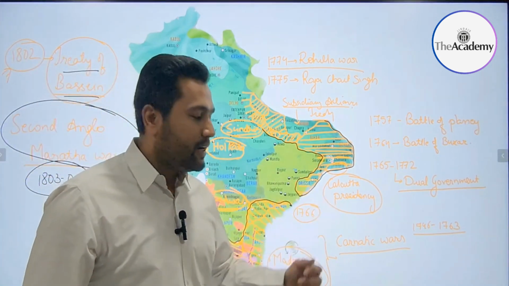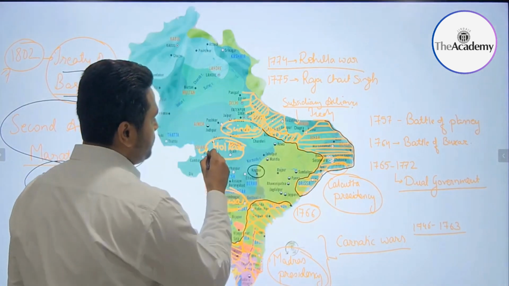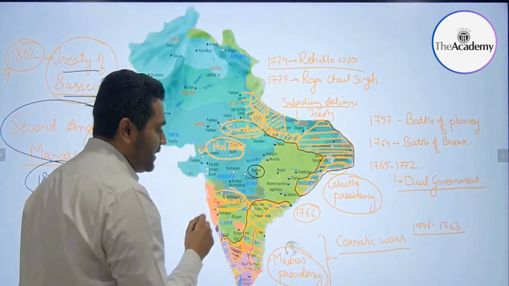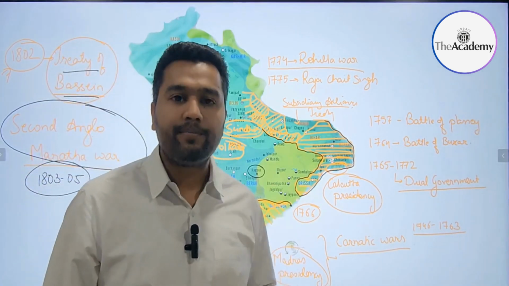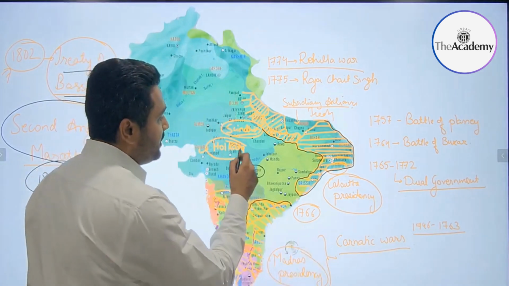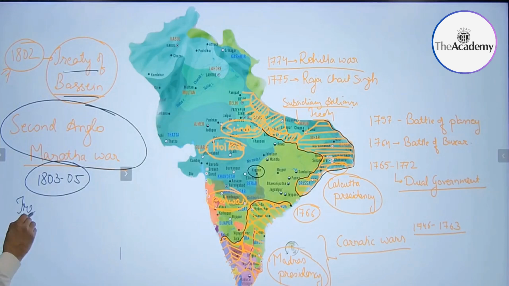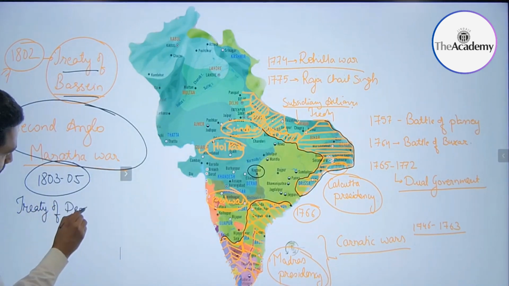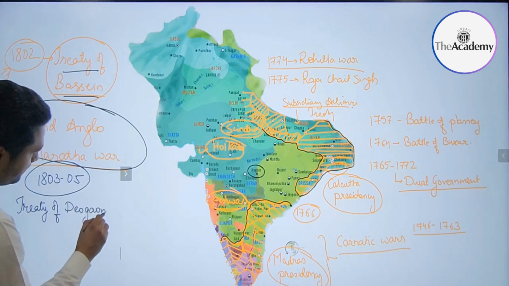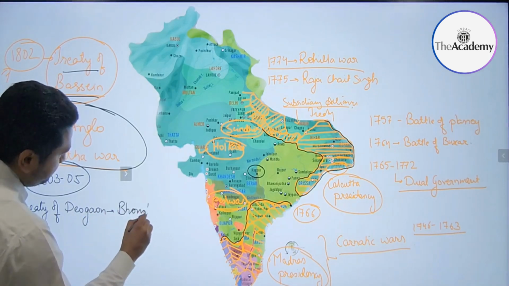In this Second Anglo-Maratha War, the Bhosles of Nagpur, Holkars, Scindia and Peshwa will lose. And the British would sign the Treaty of Devgaon with the Bhosles of Nagpur.